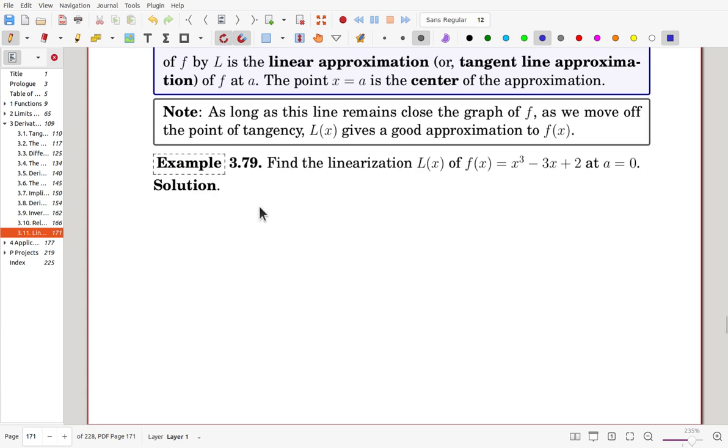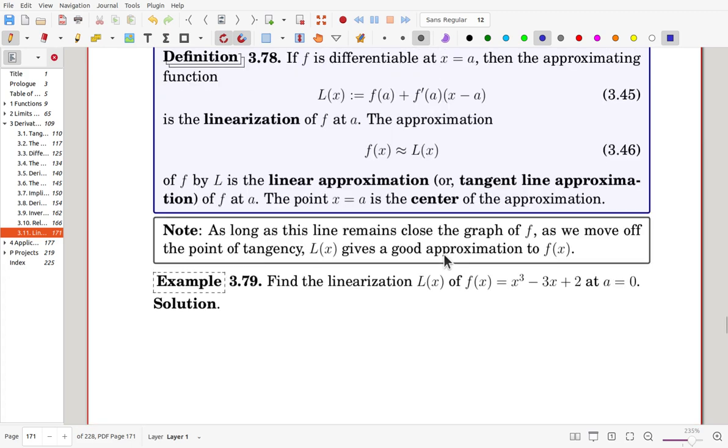Now let's solve some examples. Find the linearization L(x) of f(x) given in this way at a = 0. To find the linearization, we have to find f(a) and f prime at a.